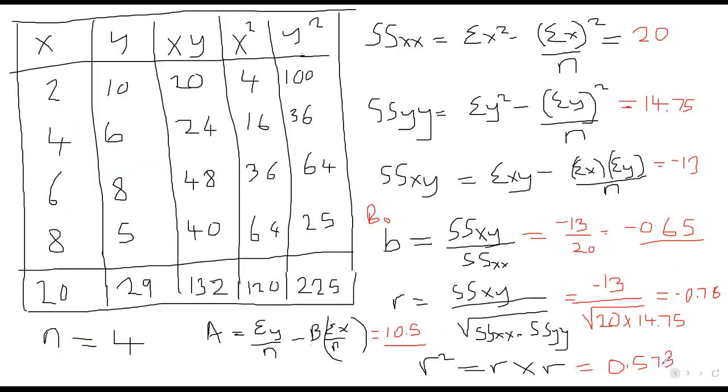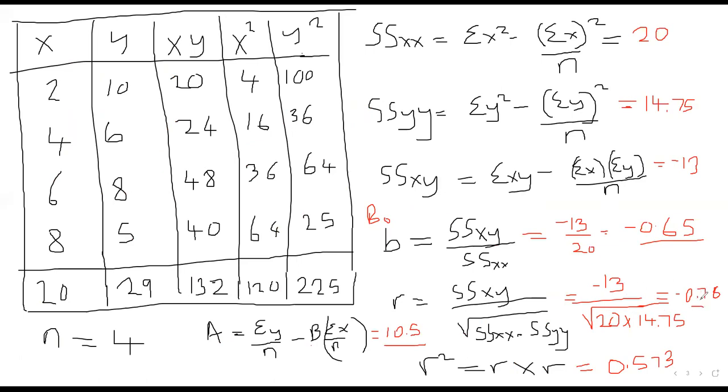And now they ask to find the coefficient of correlation. The formula is SSxy over the square root of SSxx times SSyy. What you need to remember is that b is very closely related to r. You square root them. Be careful, multiply under the square root and then divide into the answer.